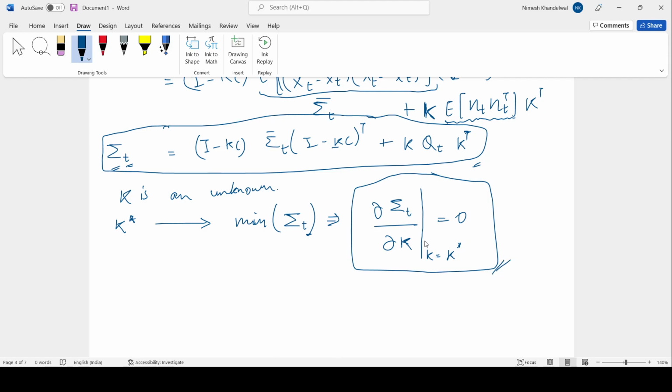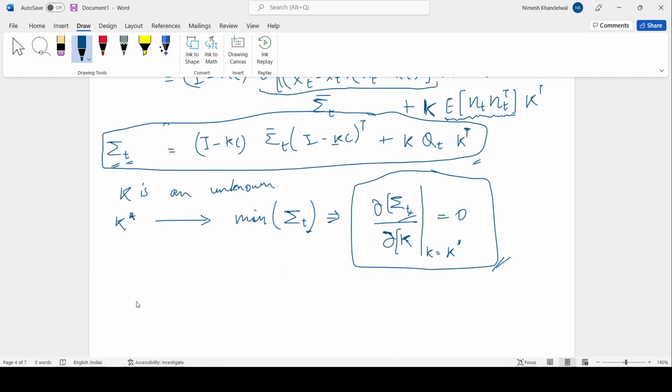If a variable attains its minimum value at a particular value of the independent variable on which my final value, the sigma t here, depends, then the rate of change of the dependent variable in the direction of that independent variable should be 0.